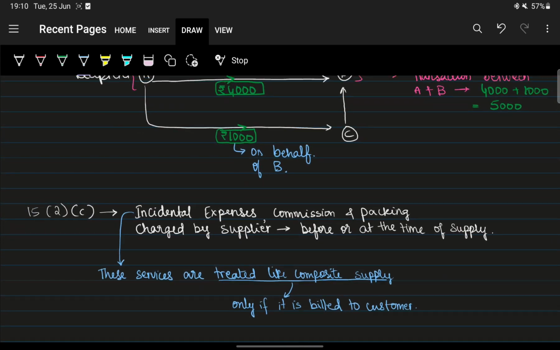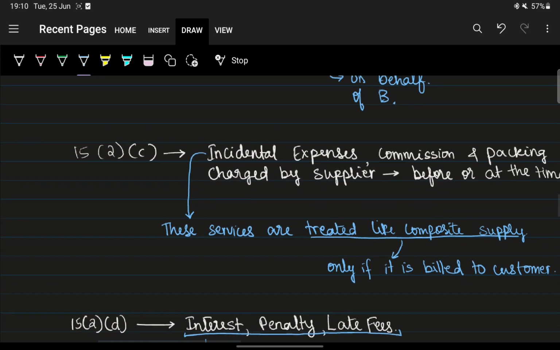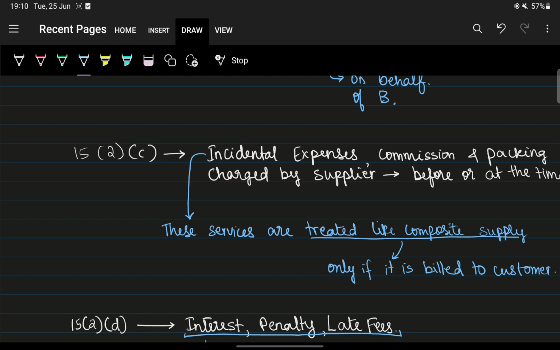Okay, next we will move on to 15.2, or section 15 subsection 2 clause C. Here again I'll just explain. Section 15 talks about valuation. Section 15 subsection 2 talks about what is to be included.